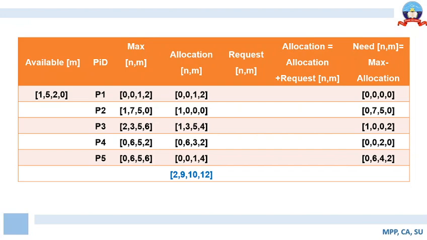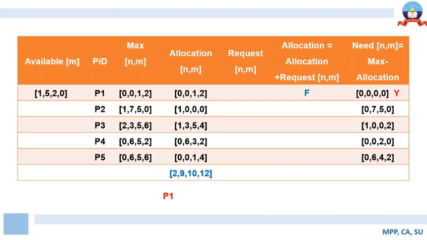Now this is the strategy of the Banker's algorithm. We'll select a process which can complete its execution with whatever resources are available. We have 1520 instances of resources R1, R2, R3, R4 available with us, right?